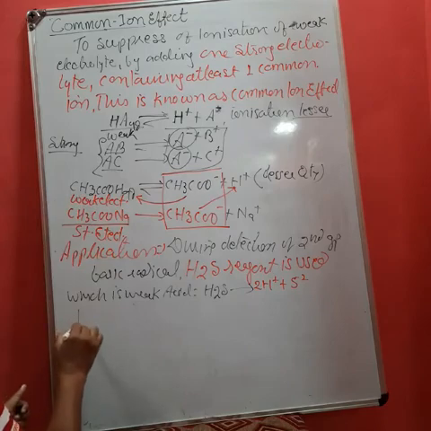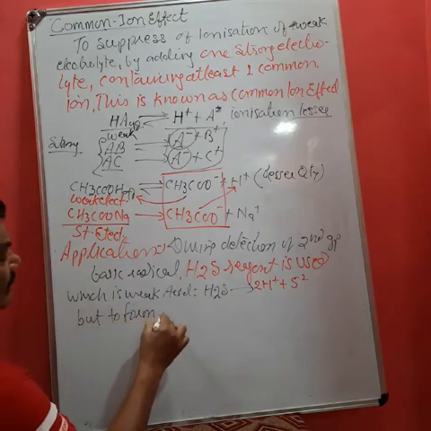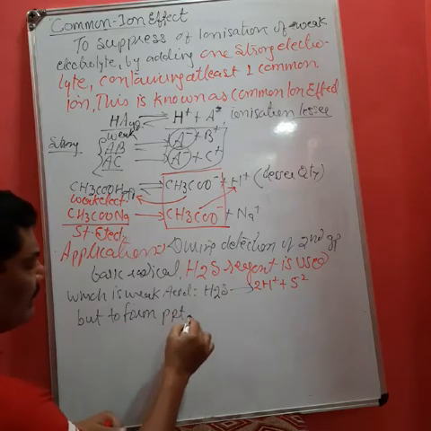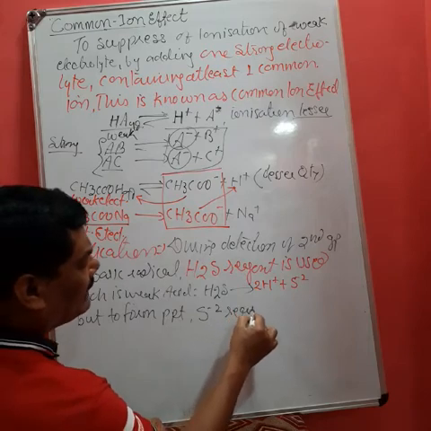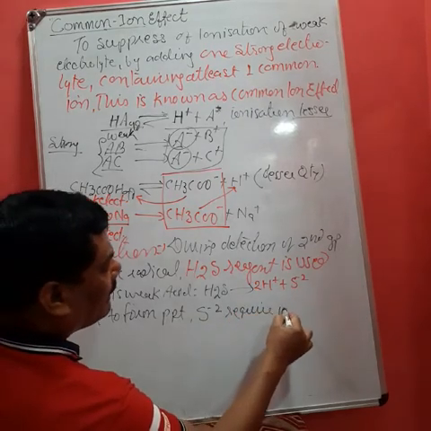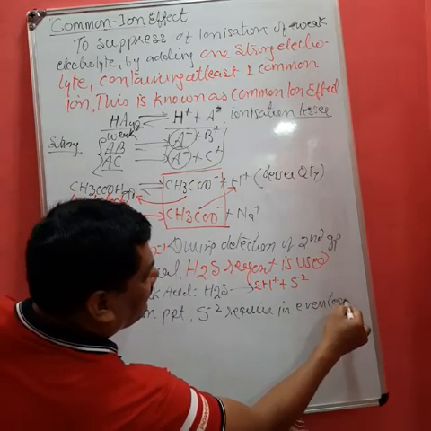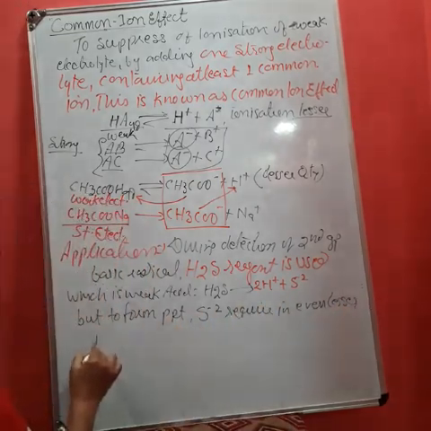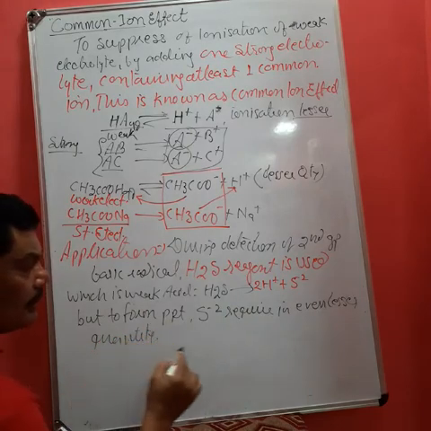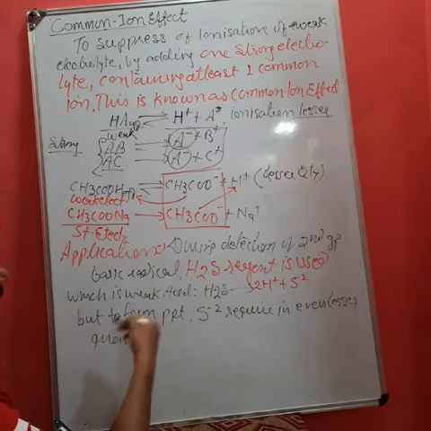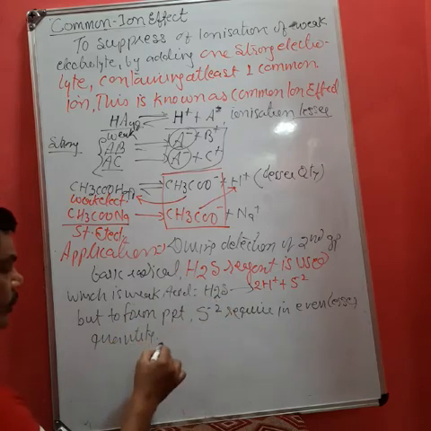But to form a precipitate, S2 anion is required in very small, even lesser quantity, because the solubility products of second group ions are low.